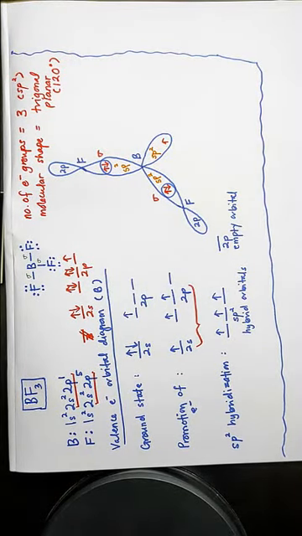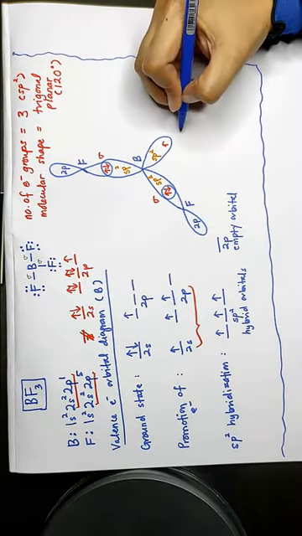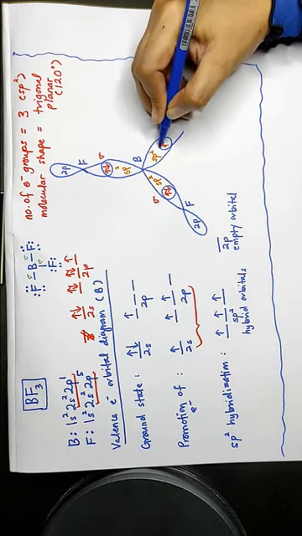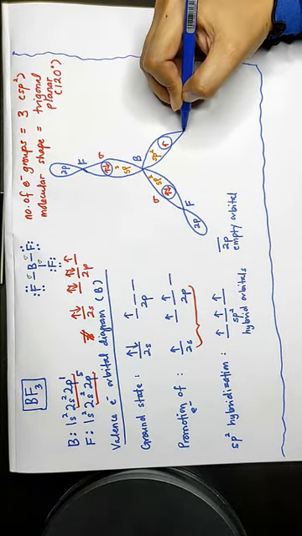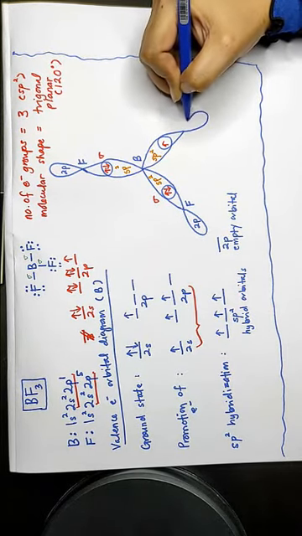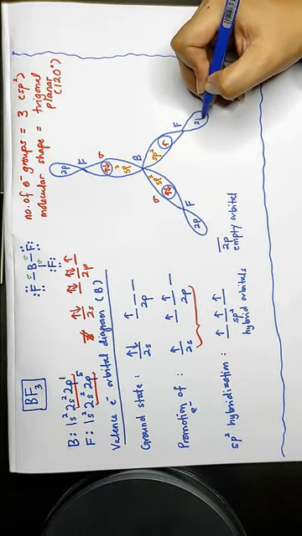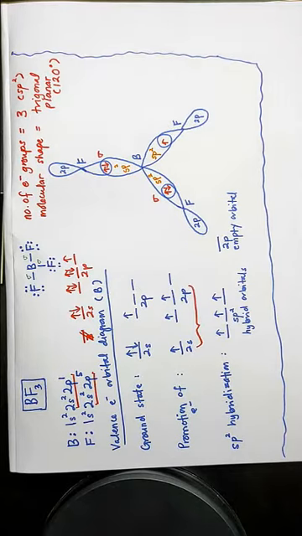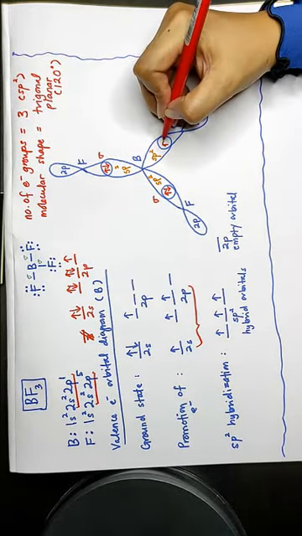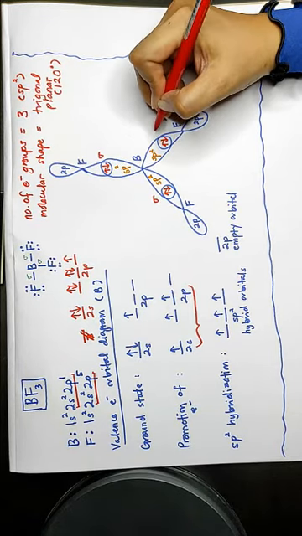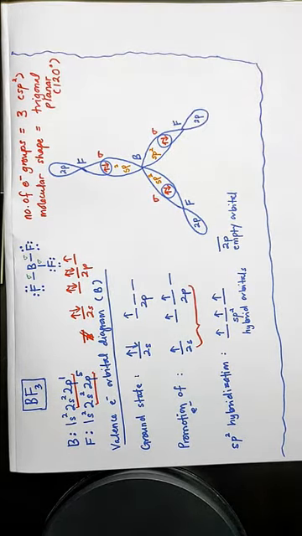Next, fluorine 2p overlaps, the overlap region is occupied with shared electrons with opposite spin, and this is another sigma bond.